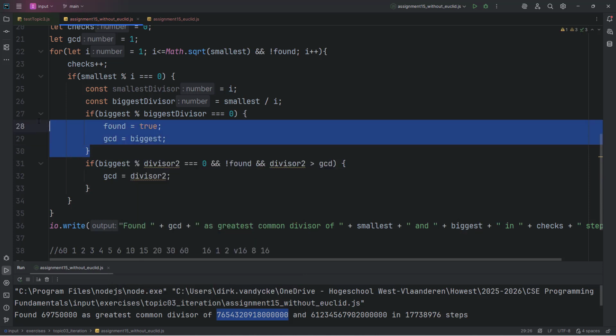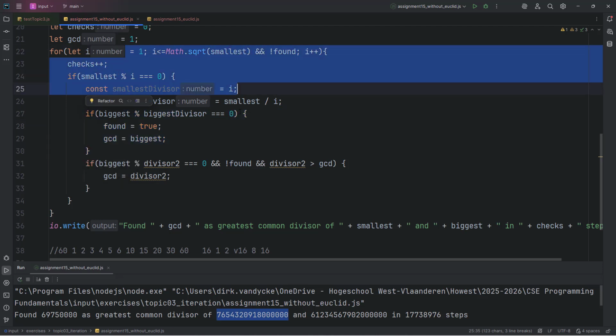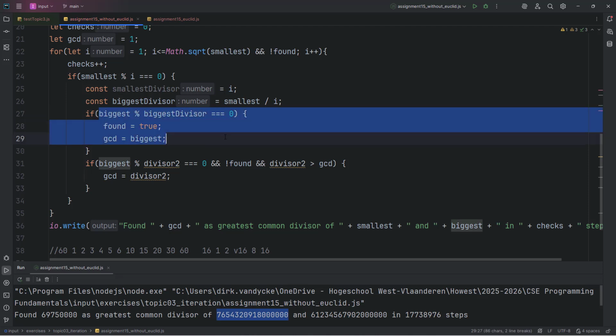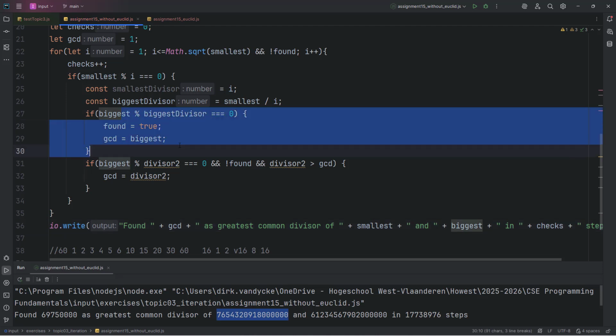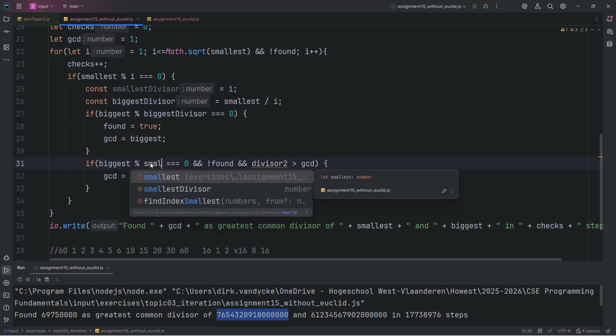If I haven't found a common divisor, because I'm checking the divisors of smallest and I'm finding this to be a divisor of biggest as well, since it's the biggest anyway and it's the first one, if I find it, go to the end, skip the test, because now I have found it, so it will just end. In the case I don't have the biggest divisor as a common divisor, I will check the smallest divisor.